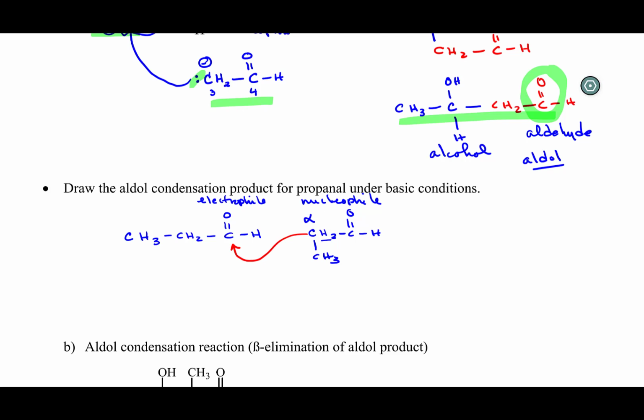So what I'm going to do is I'm going to number the carbons so I know exactly what's at each position. And being a little bit more systematic about it now, I'll start with my nucleophilic carbon side, and I will draw 1, 2, this will be 3, 4, and 5. So I'll have a 5 carbon chain, and the easiest thing to do is to actually draw that first.